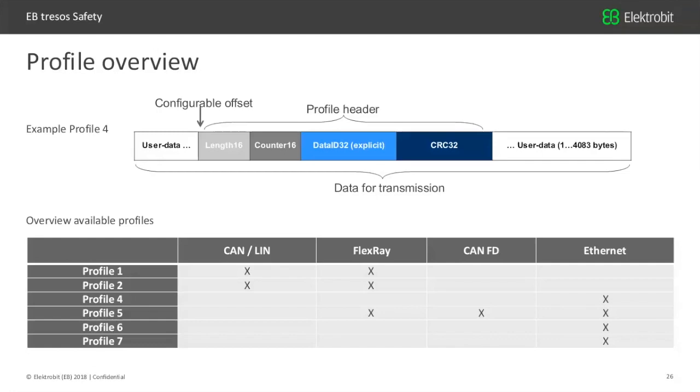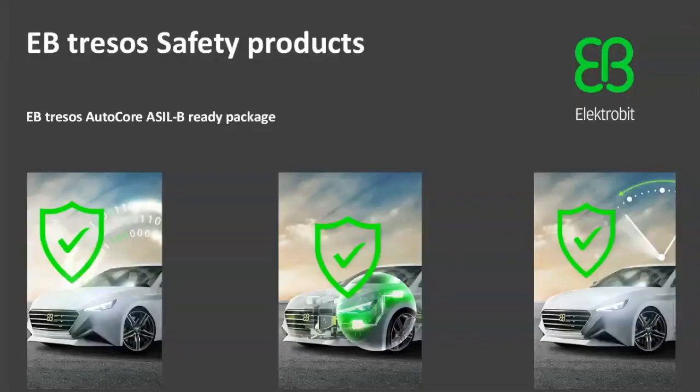Okay, and then we have one additional product which is fairly new, but makes it nevertheless attractive. So it is the so-called EB tresos AutoCore ASIL-B ready package.